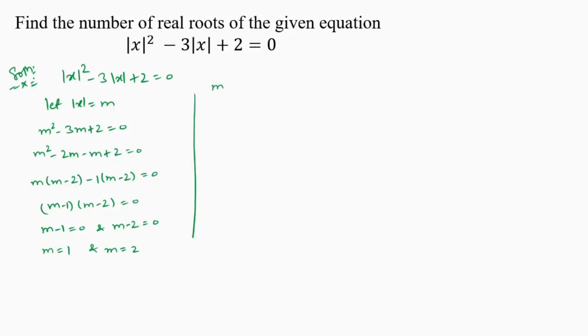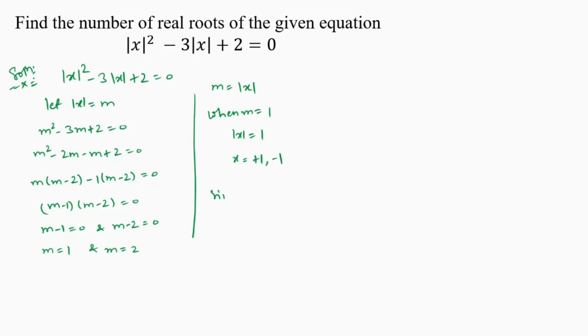And we know m is equal to |x|. So when m = 1, that is |x| = 1. We know when we remove the modulus, we get two values of x, that is x = +1, -1.